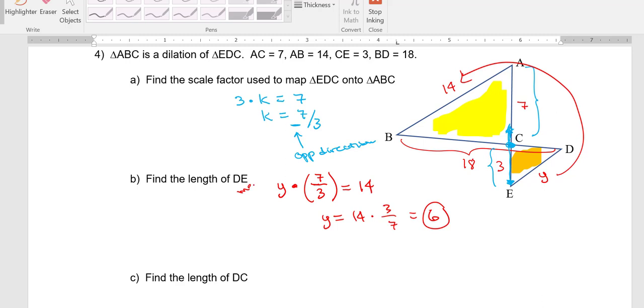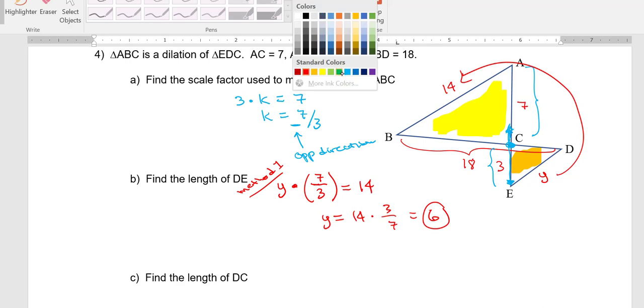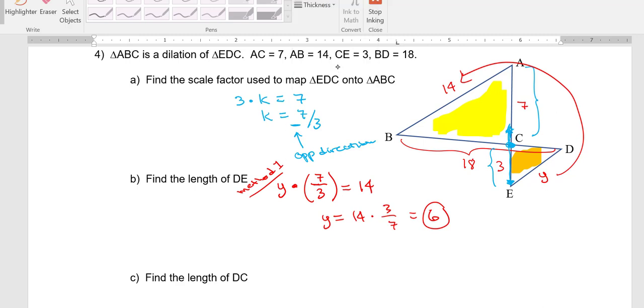So let's call this method 1. The second method is really where we're headed with this. I'm going to split this problem here and call this method 2. This basically hints at the similarity type of problems that we're going to be doing, using proportions.